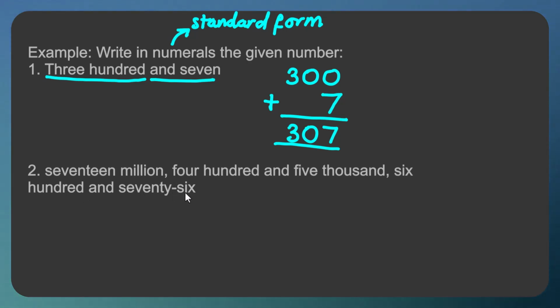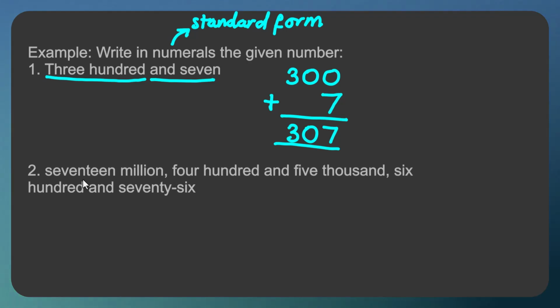Now I want you to pause this video and try using this strategy, knowing the place values and starting from left to right for the words to set up the numbers. While you're setting the numbers, you put the very first digit of the lower number at the very last place value of the bigger number, and you work your way to the bigger place values. Now you have this, we can play and solve this question.